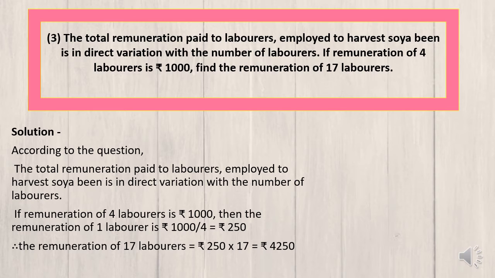So simply we will divide 1000 by 4. So 1000 divided by 4 is equal to rupees 250. So we got the remuneration of one laborer, that is 250. So it is easy to calculate the remuneration of 17 laborers. It will be 250 multiplied by 17, that is rupees 4250.